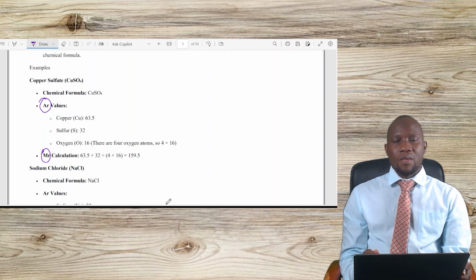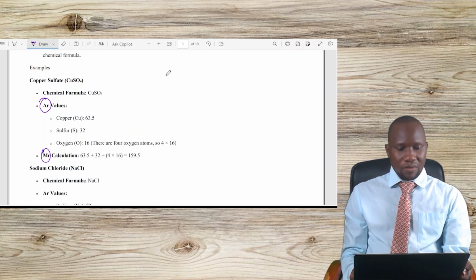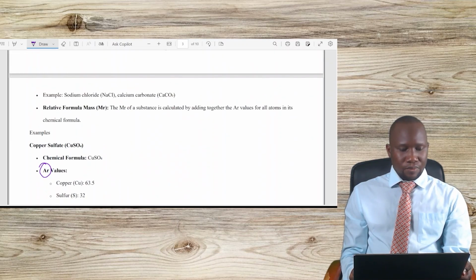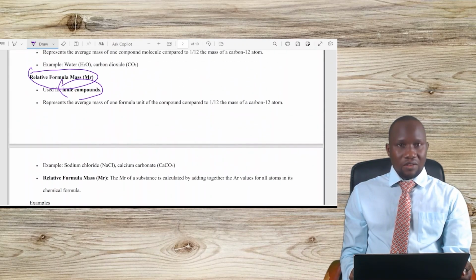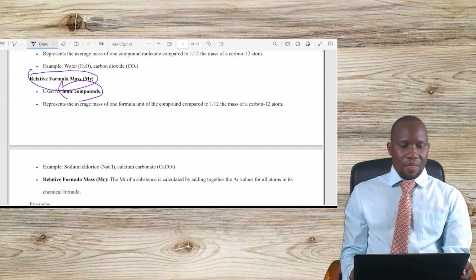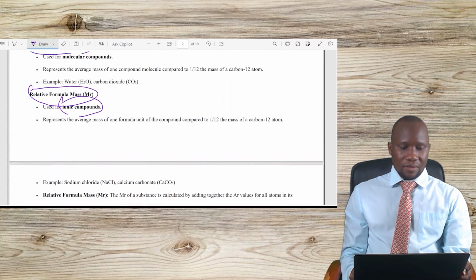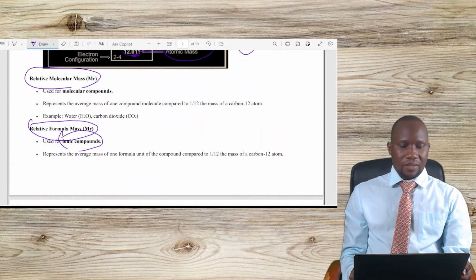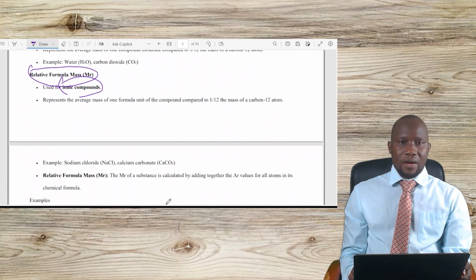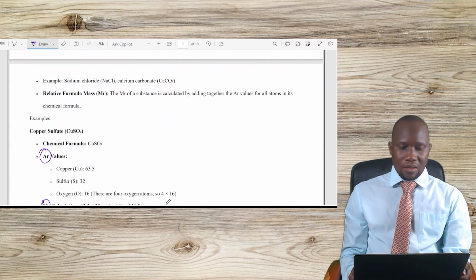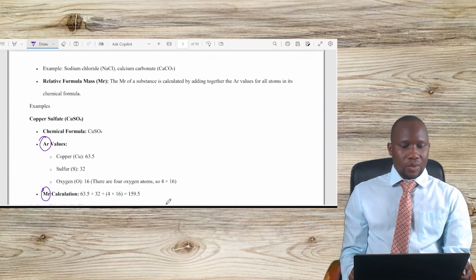Those two concepts, relative formula mass and relative molecular mass, are both represented by Mr. The M is capital, the r is a small letter.